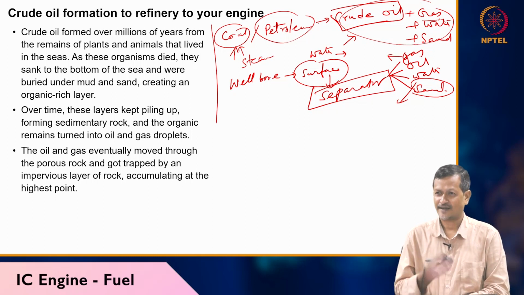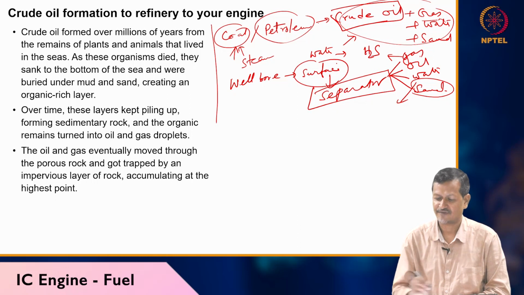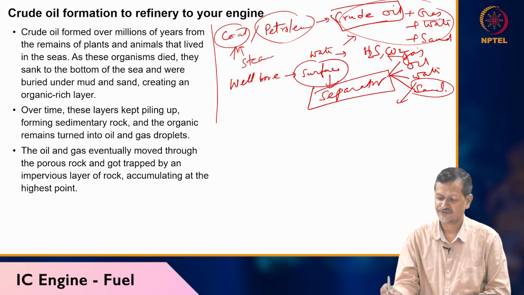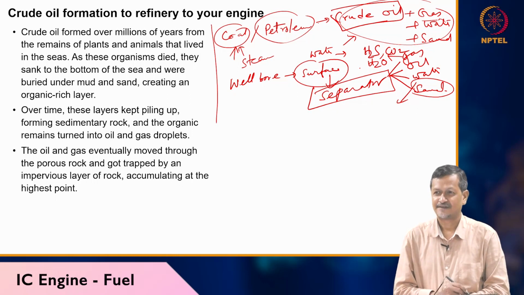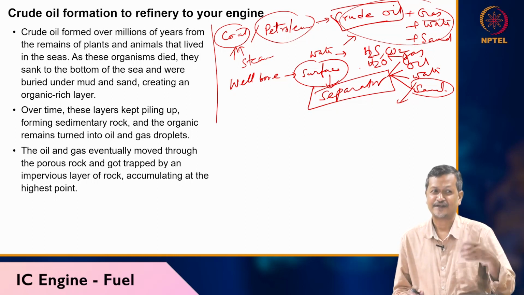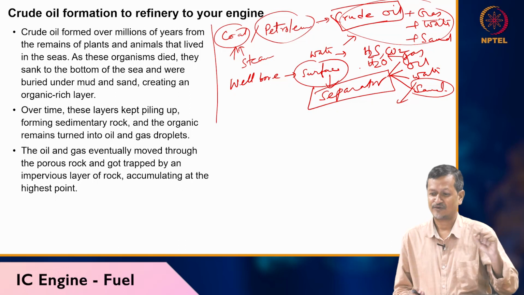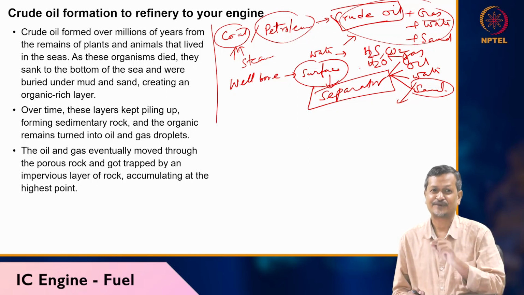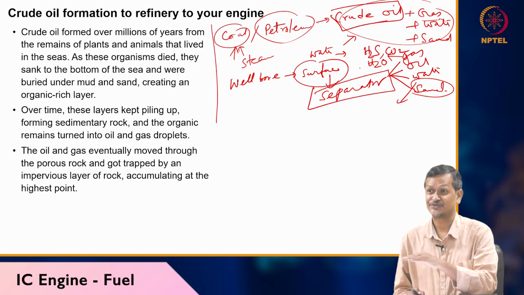Now gas. Gas is lightweight, you are getting gas, fine, but gas will contain hydrogen sulfide, carbon dioxide, and water moisture content. Whenever you are burning gas, let's say Indian gas at your home, that will not contain H2S, CO2, or water. That means you have to remove those contents.